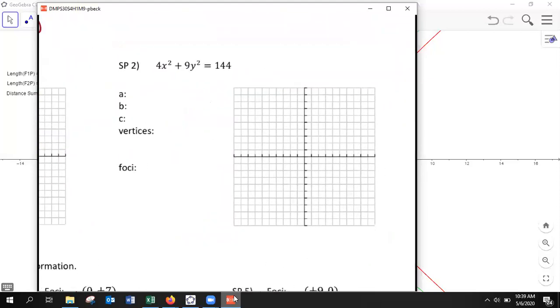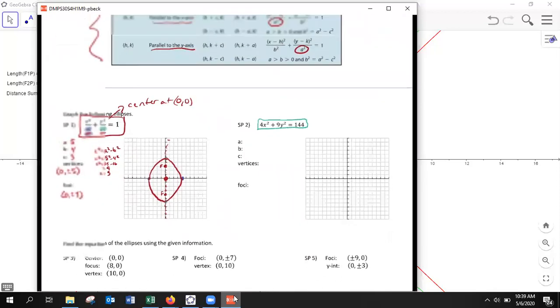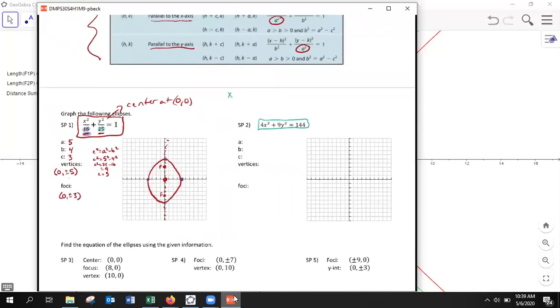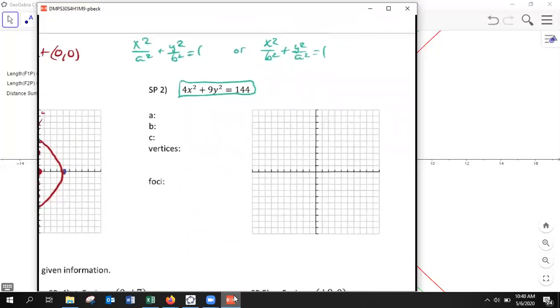So on example number 2, let's choose a different color for this one. If you notice, this is not written in the form that I'm very familiar with. And that form is x squared over a squared plus y squared over b squared equals 1, or x squared over b squared plus y squared over a squared equals 1. So I really need to have one of those two forms, where the prompt is that all of these are going to equal 1.